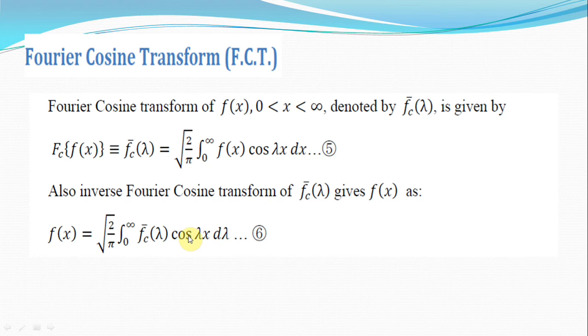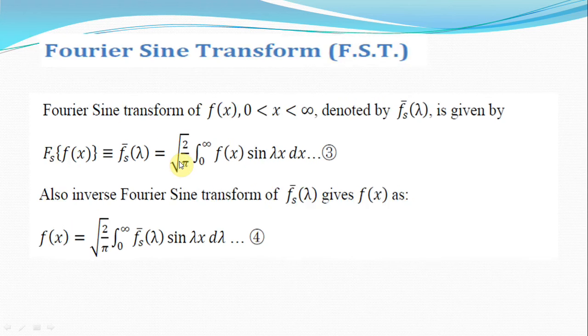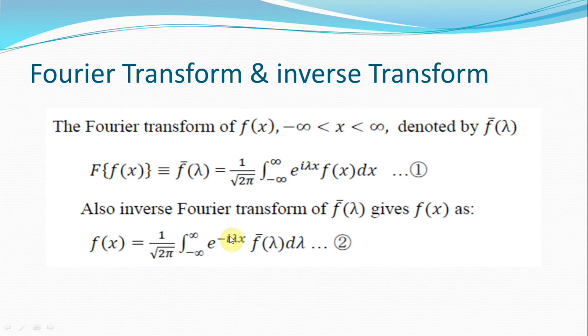So the difference between the Fourier transform and the sine and cosine transforms is that for the Fourier cosine and sine transforms, other than the integrand, we have the constant root of 2 by pi. But for the Fourier transform, it is 1 by root of 2 pi. And again, for the Fourier transform and its inverse, the limits will be from minus infinity up to plus infinity.